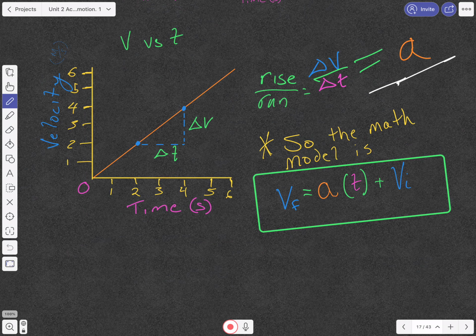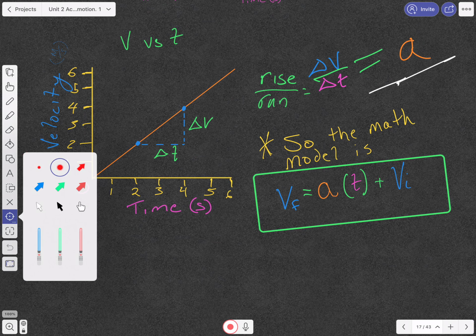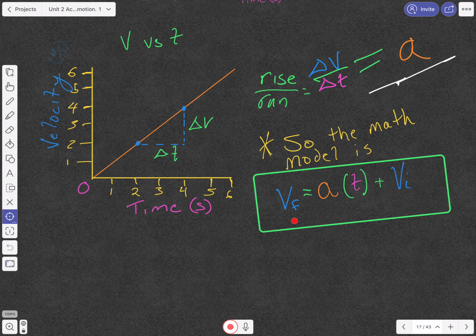So our math model is going to look something like this. V final equals acceleration times time plus your initial velocity.